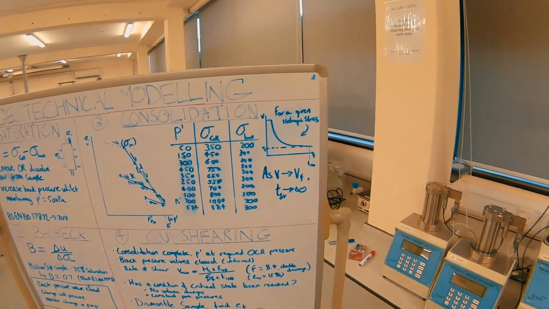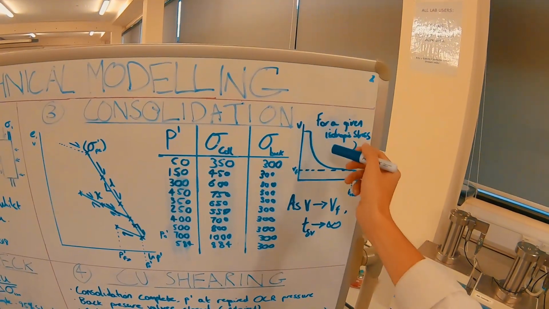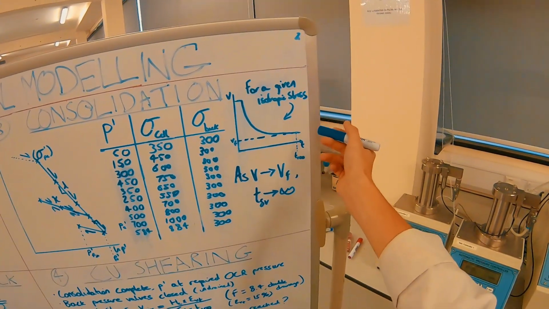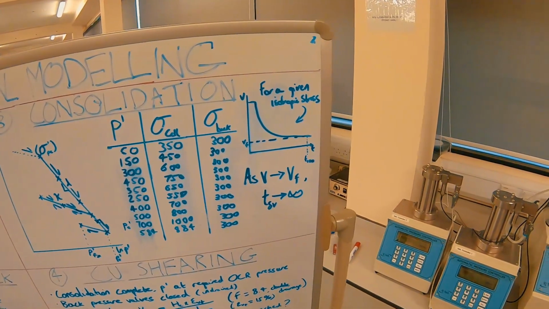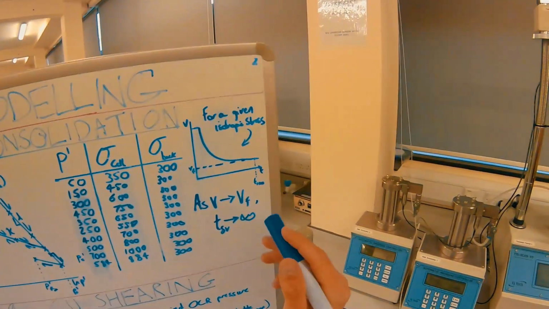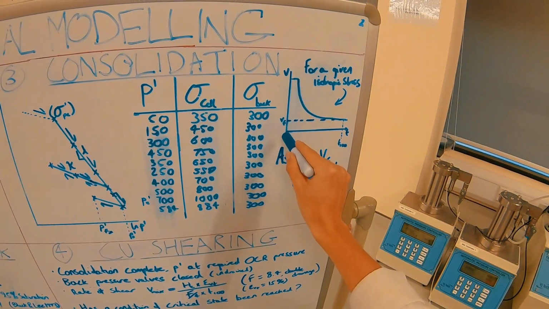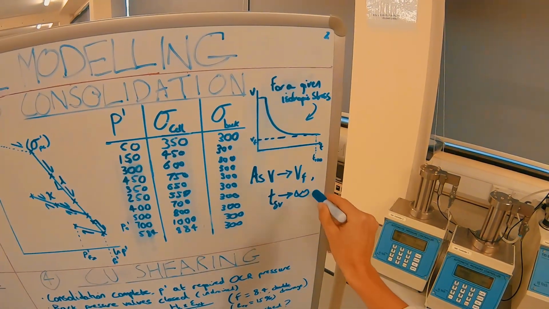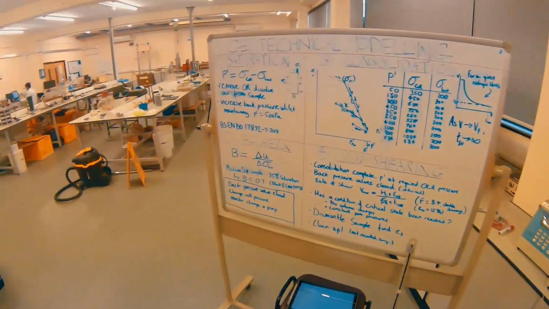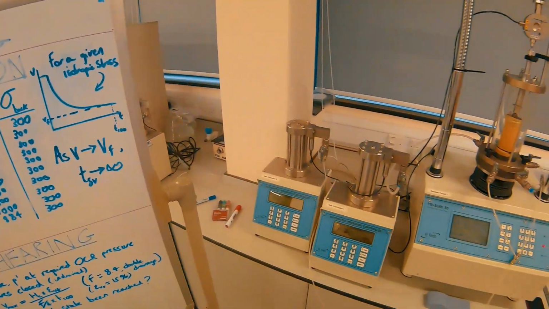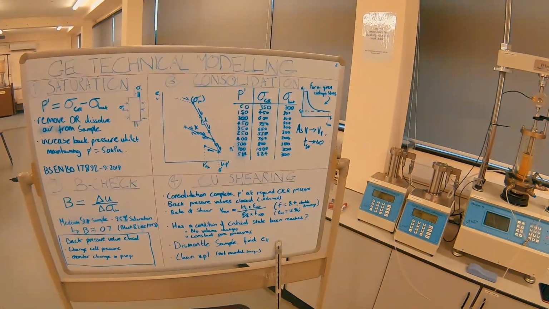Returning to the theory, we can draw a quick consolidation plot for this. This shows, for a given increment of isotropic stress, what happens to the volume of the sample over time. We have an initial volume, and we finally get down to a final volume, VF, at time, in theory, T100. Realistically, that time for T100 tends towards infinity.